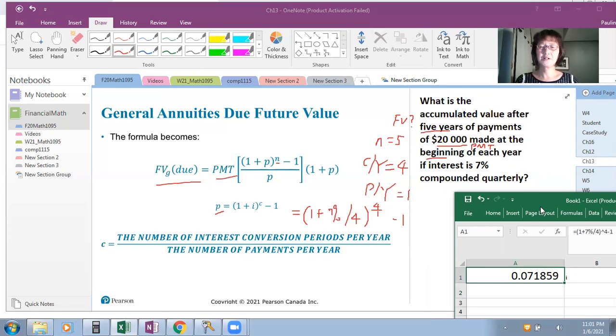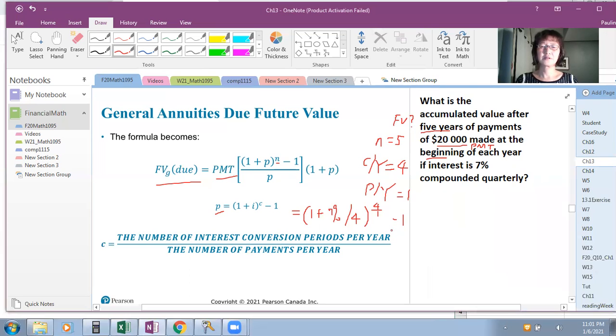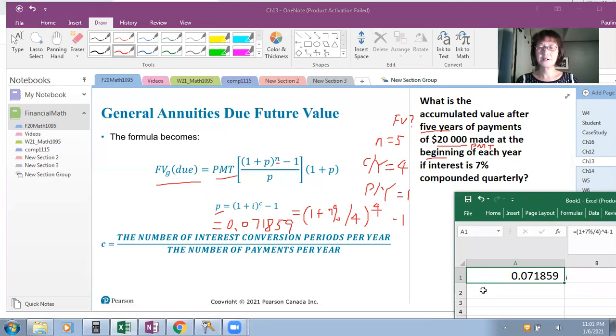So we get a P value, and term N equals 5. Plug in to find the future value here. Again, I will use Excel to facilitate the calculation.